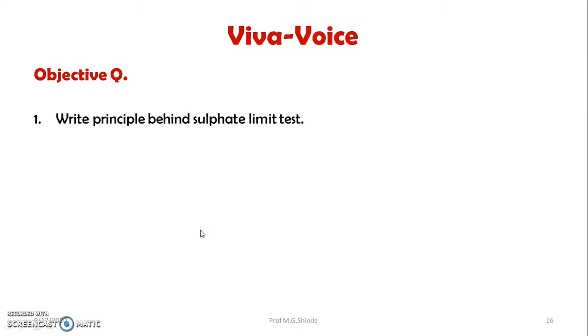The turbidity is produced by the barium sulfate in the solution, and we compare the turbidity produced in the test sample with that of the standard sample, which has a known amount of soluble sulfates.